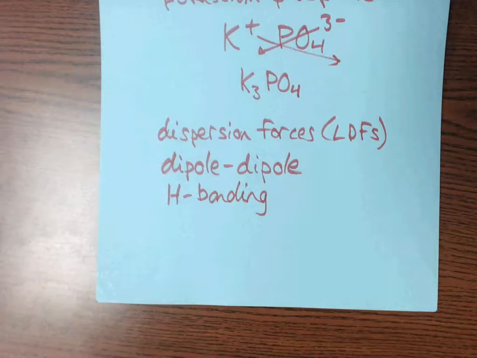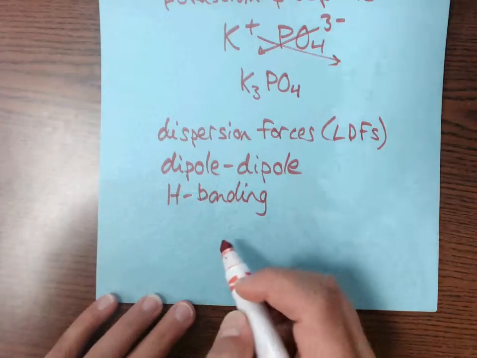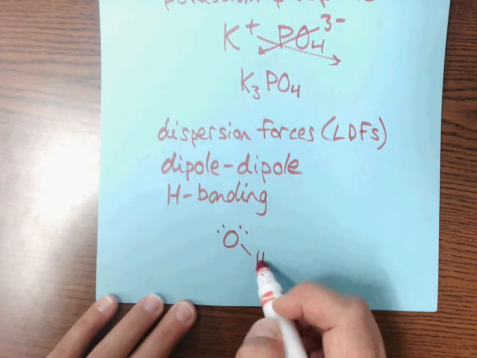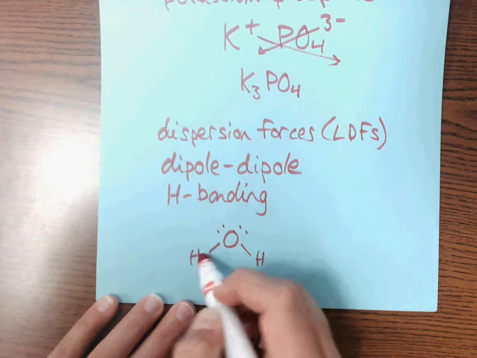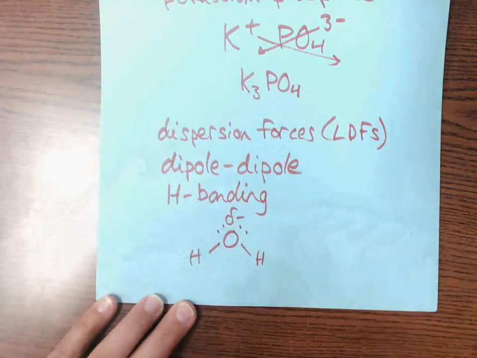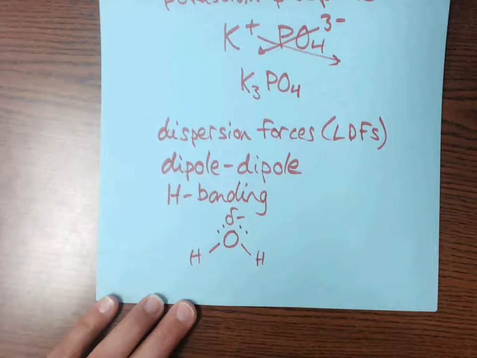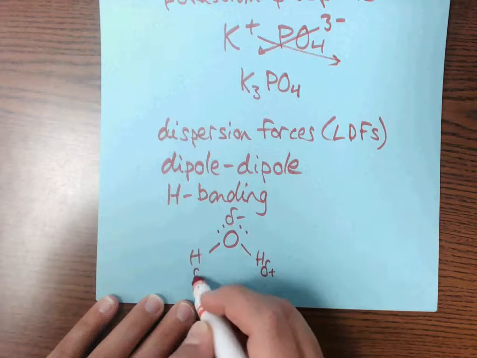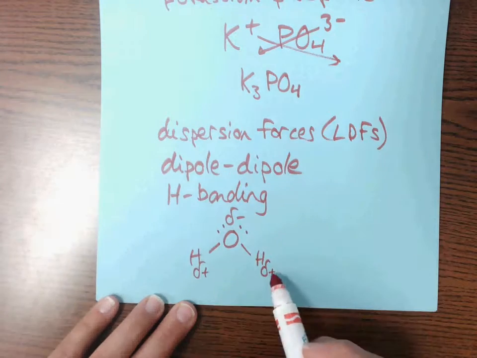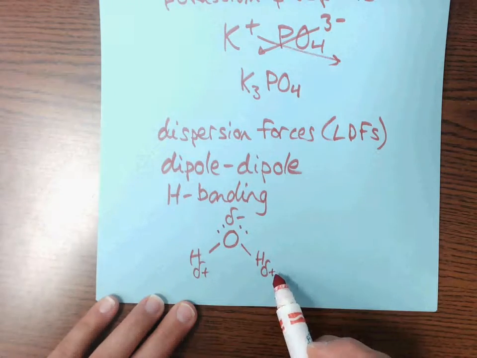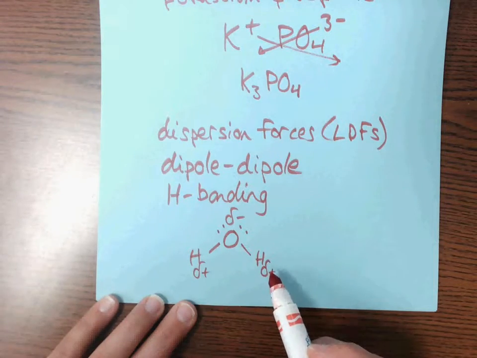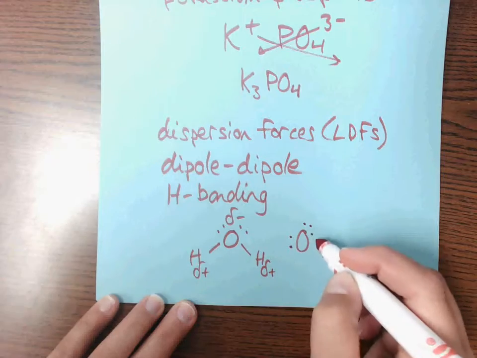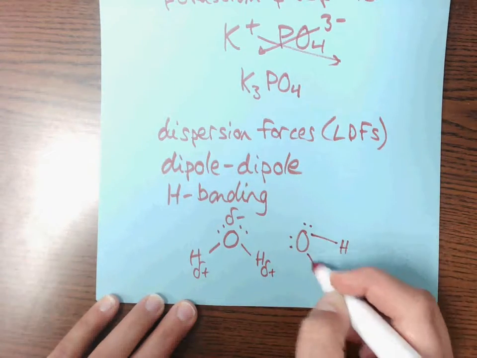So with hydrogen bonding, if you had water, we know the oxygen end is slightly negative, so we put the Greek letter delta here, and the hydrogen ends are positive. So hydrogen bonding is the attractiveness between a positive end of one molecule and the negative end of another.